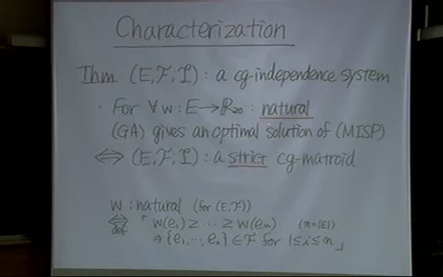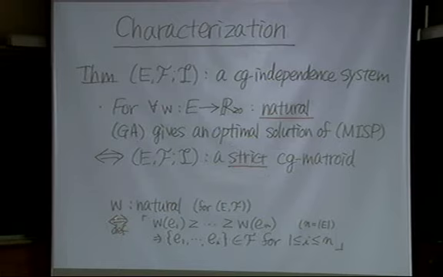In ordinary matroid theory, we don't need any condition on the weight, and this is always a matroid. But in this case, we have to restrict the weight, require some naturalness, and this characterizes strict CG matroids.